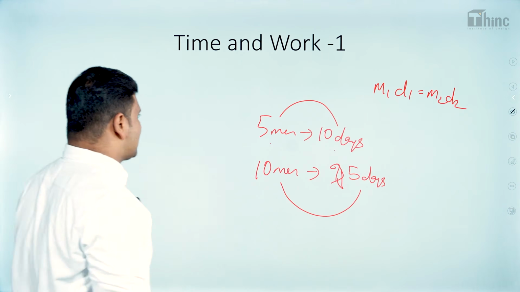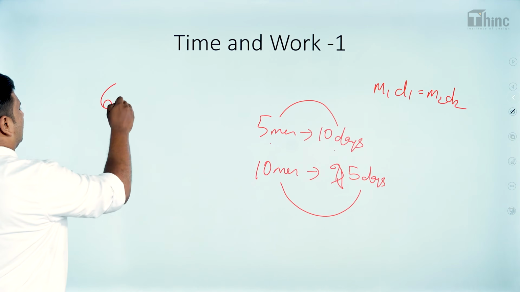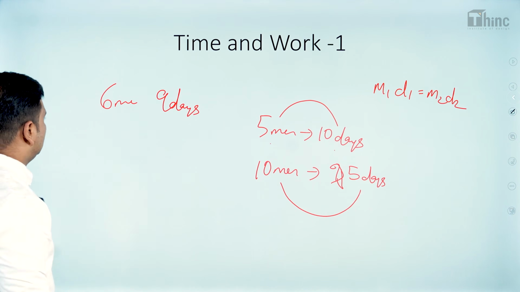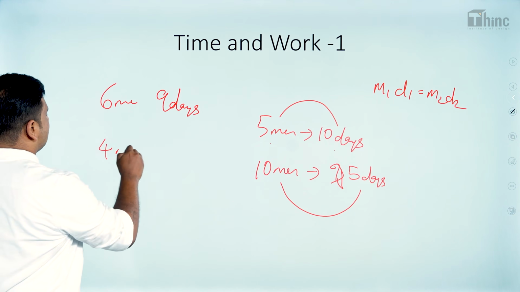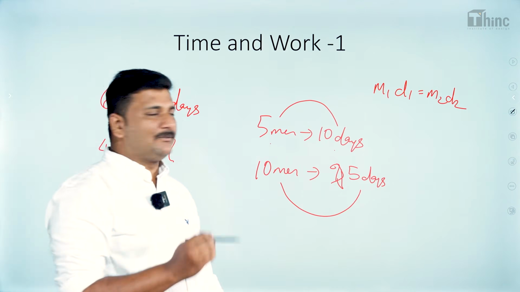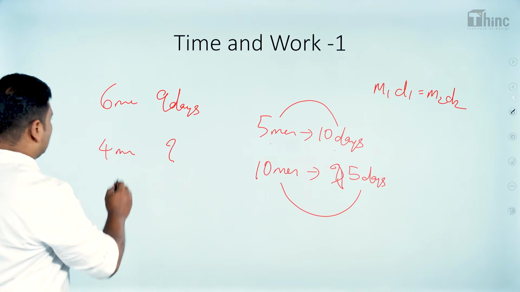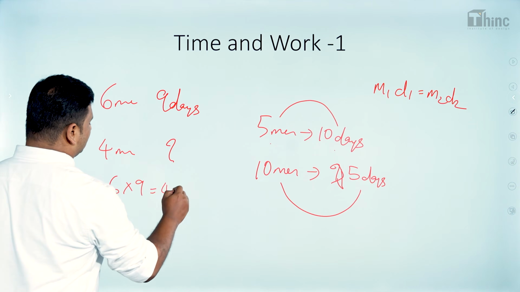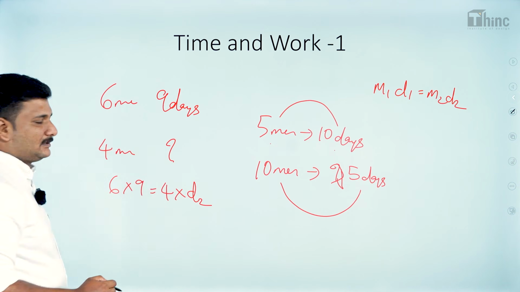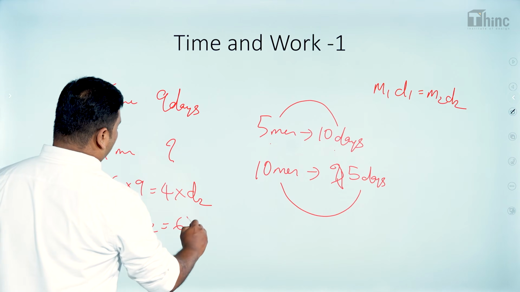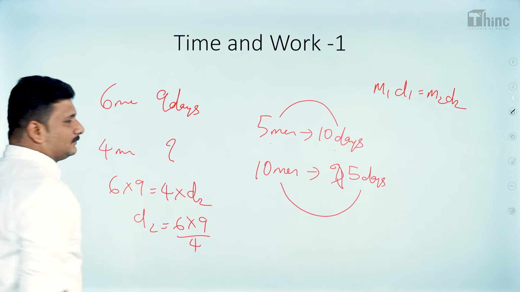So imagine there is a question like this. 6 men took 9 days to finish a work. 4 men will take how many days to finish the same work? So we can make use of the equation M1D1 equals M2D2. So M1D1, 6 into 9, equals 4 into D2, right? So D2 is nothing but 6 into 9 divided by 4.